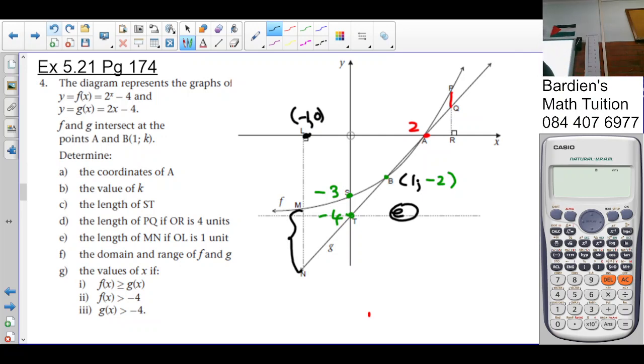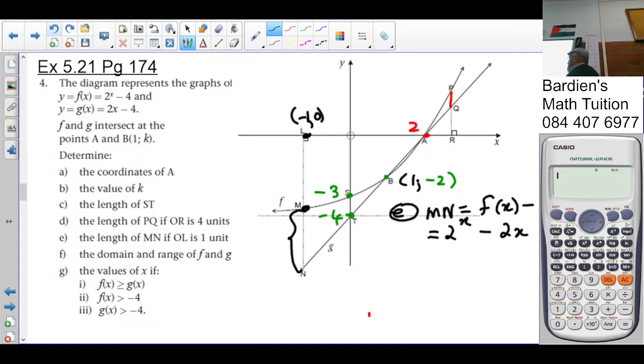So MN is going to be the exponential function minus the straight line function. Isn't that the one we just dealt with now? So that will be 2 to the x minus 2x.